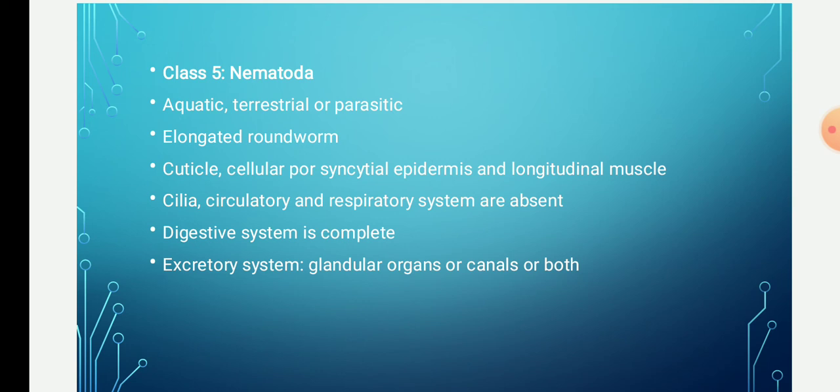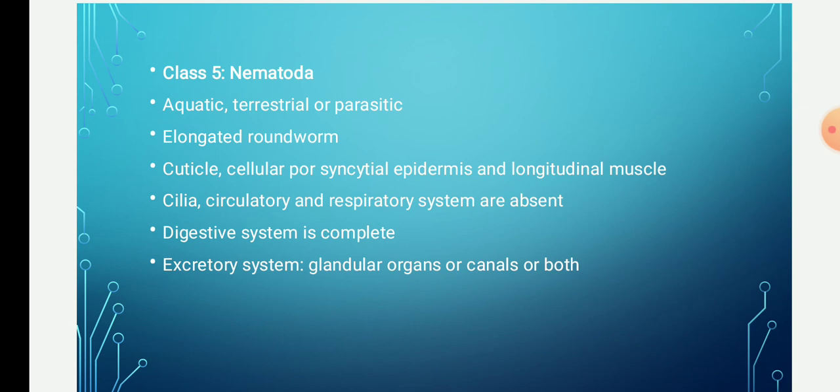The body wall consists of cuticle, cellular or syncytial epidermis, and longitudinal muscle cells in the form of 4 bands. Cilia, circulatory system, and respiratory system are absent. Digestive system is complete with a muscular pharynx and glands.